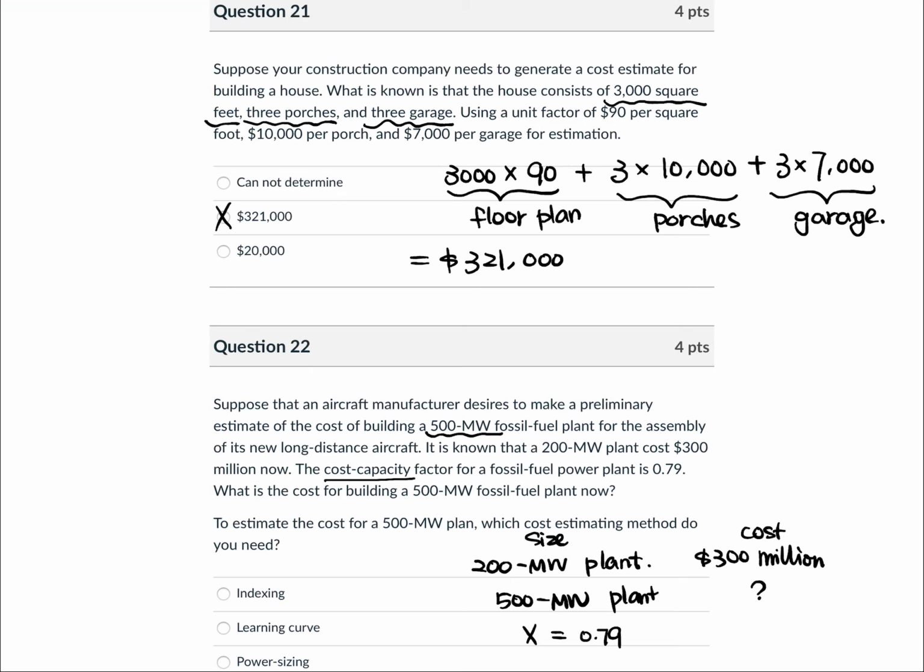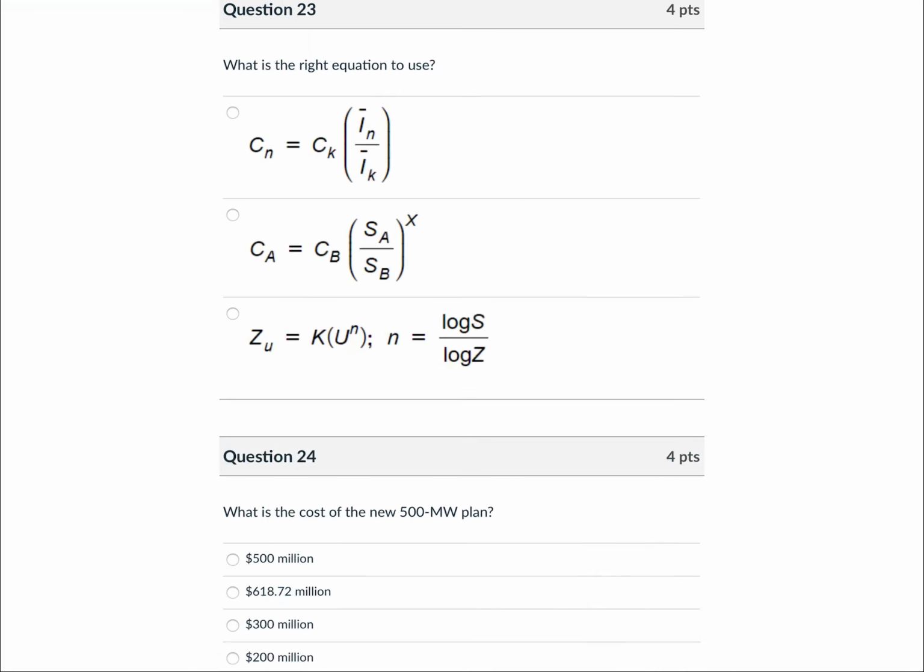Okay, so this type of problem is talking about building a bigger size of something based on the price known for building a smaller size of that similar thing. So this is absolutely the power sizing method. And the equation for that method is this. So now let's just calculate. C_A is gonna be the unknown price, so that's for the 500 MW plant.